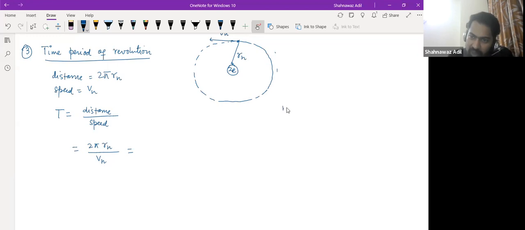Second postulate is what? m Vn Rn is nh by 2 pi. So Vn is nh by 2 pi m Rn.